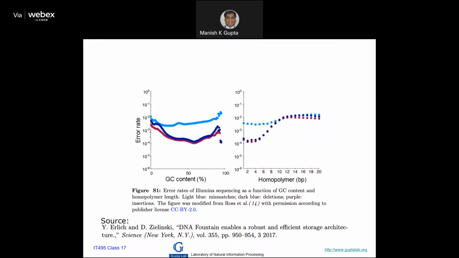So the light blue graph shows the mismatches, dark blue shows the deletions and purple shows the insertions. I have taken this picture from this paper itself, DNA fountain. I think this paper you must read, compulsory for everyone. So you observe that if homopolymer length is more than 4, you see, okay, there is a problem.